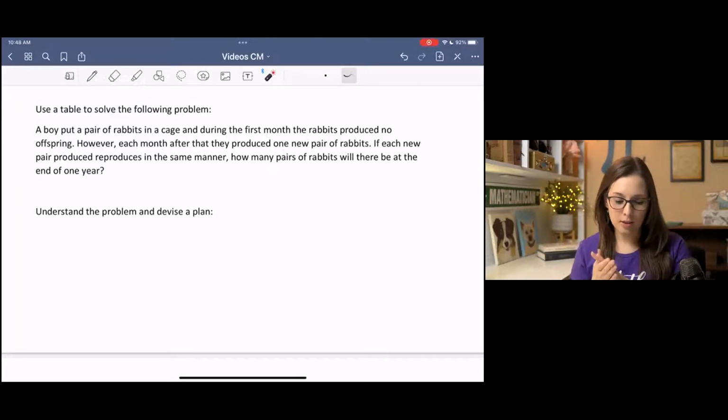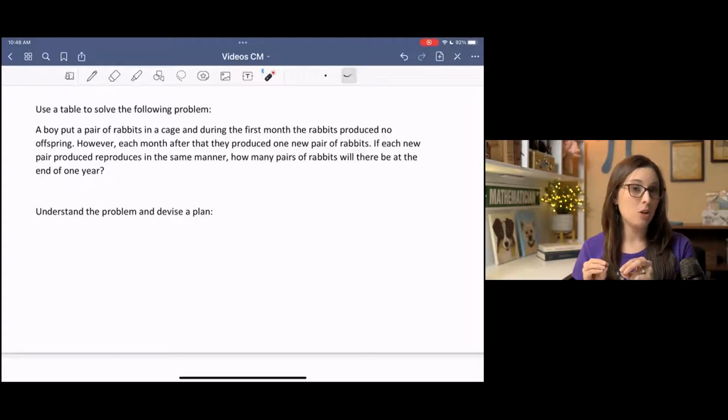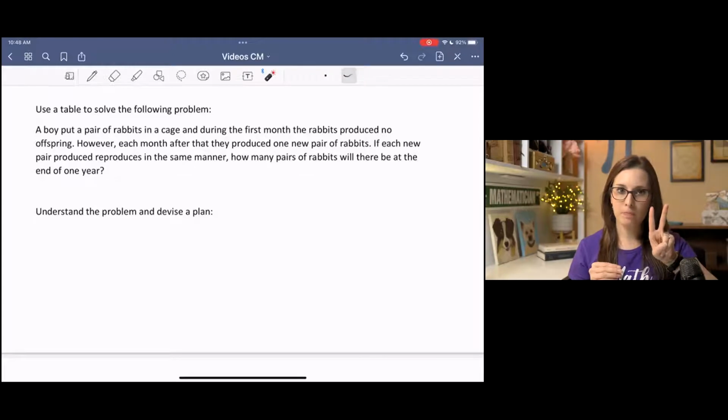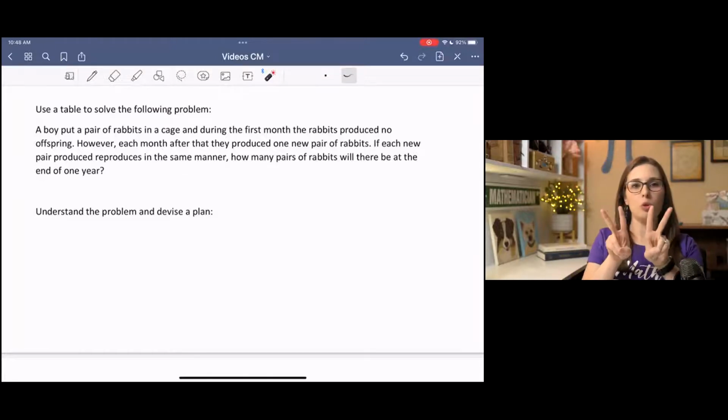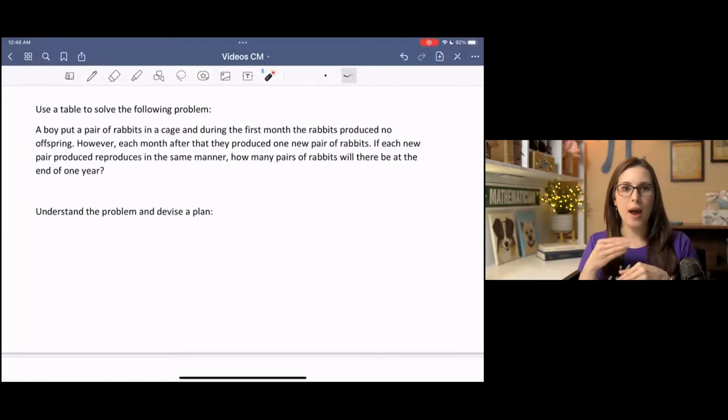Okay. And then it says, but in month 2, they did have babies. So now in the cage, we have the 2 original rabbits. And then in the second month, what did it say? Each month after they produced 1 new pair. So 2 more. And then that pattern continues.